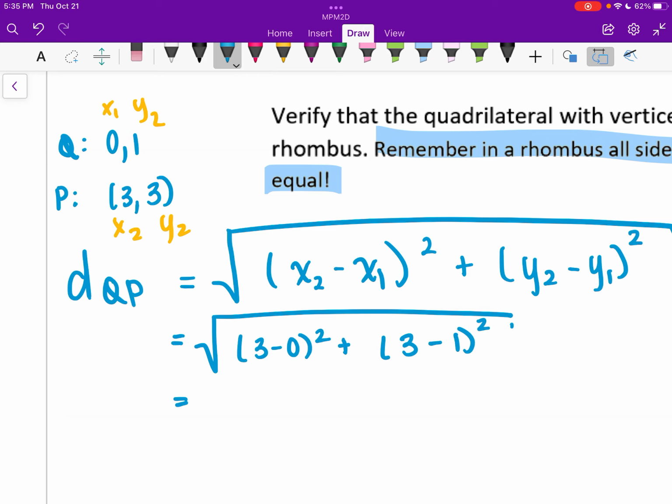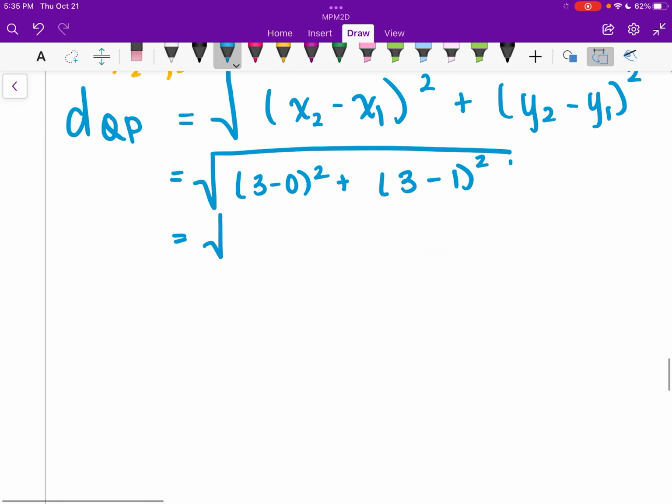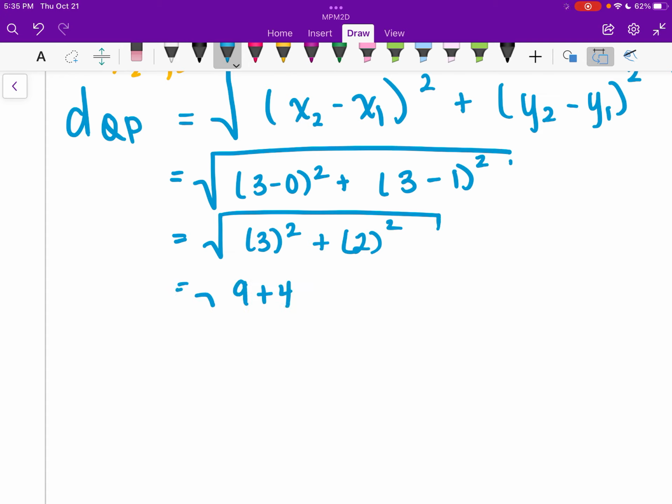Square root everything. 3 minus 0 is just going to be 3 squared, plus 3 minus 1 is just going to be 2 squared. 9 plus 4, the square root of 9 plus 4, we're just going to make sure we do the adding inside, is going to be 13. So that means the distance of QP is going to be root 13.